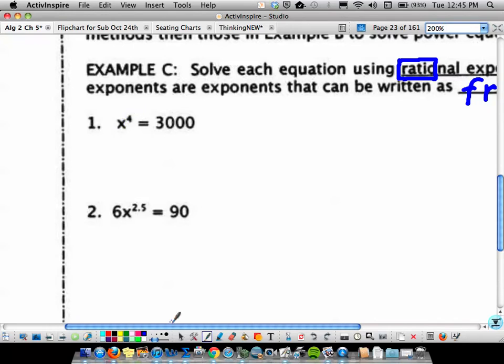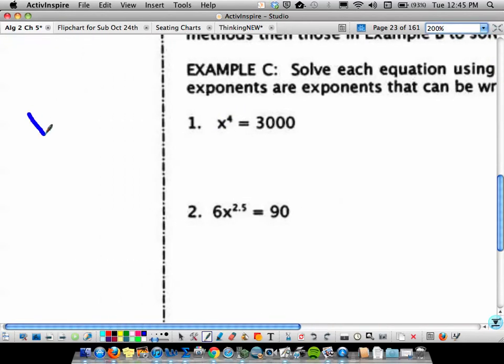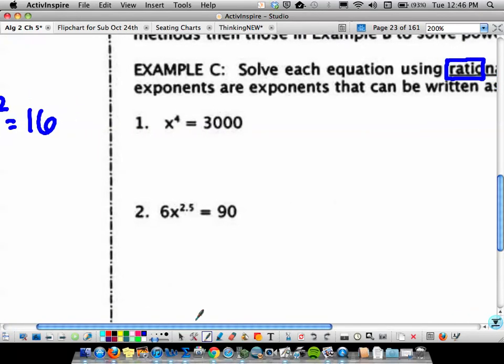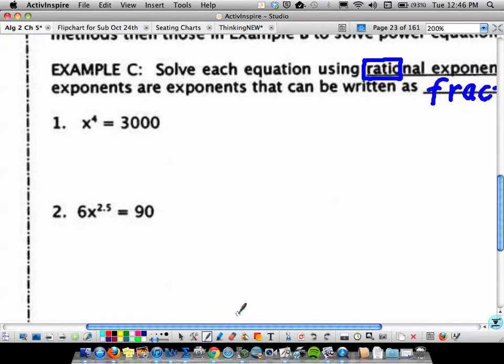Now if we had something like x squared equals 16, we could get rid of that power of 2 by square rooting both sides. But at this point, we haven't talked about how to get rid of a power of 4. And we're not going to square root both sides to do it. Square rooting both sides only works if we want to get rid of a power of 2.